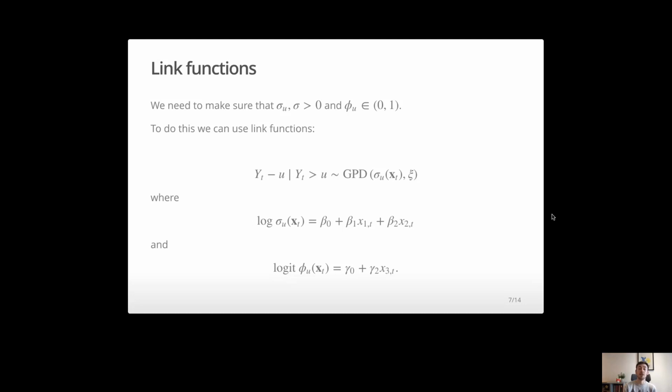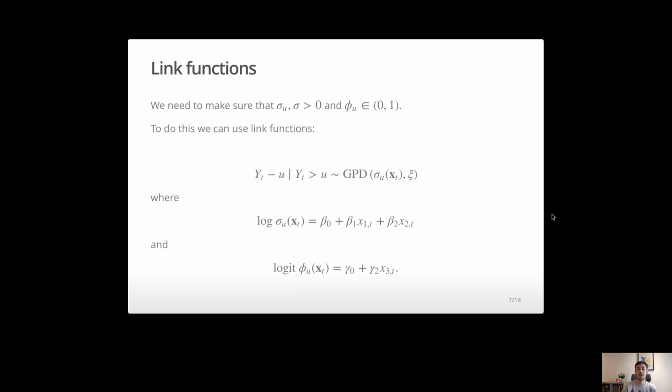So if we have a GPD model, for example, and we're wanting to model the conditional exceedances of some high threshold u, what we can do is model those as a generalized Pareto distribution, allowing our scale parameter sigma to vary as a function of covariates. And because it's difficult to estimate, we're going to keep the shape parameter psi constant.